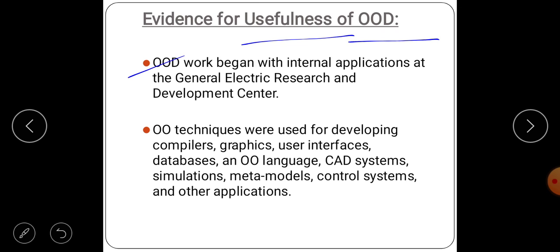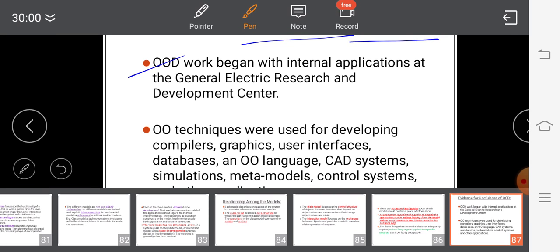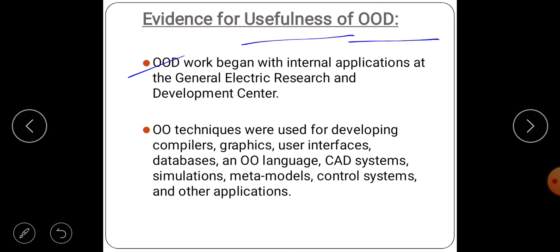Okay, OOD work began with internal applications at the General Electric research and development centers. It means OOD first started in the General Electric Research and Development Center only.